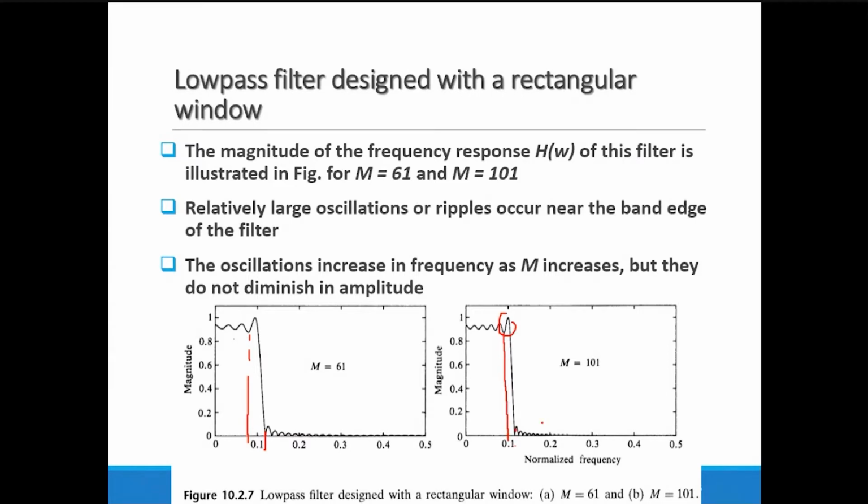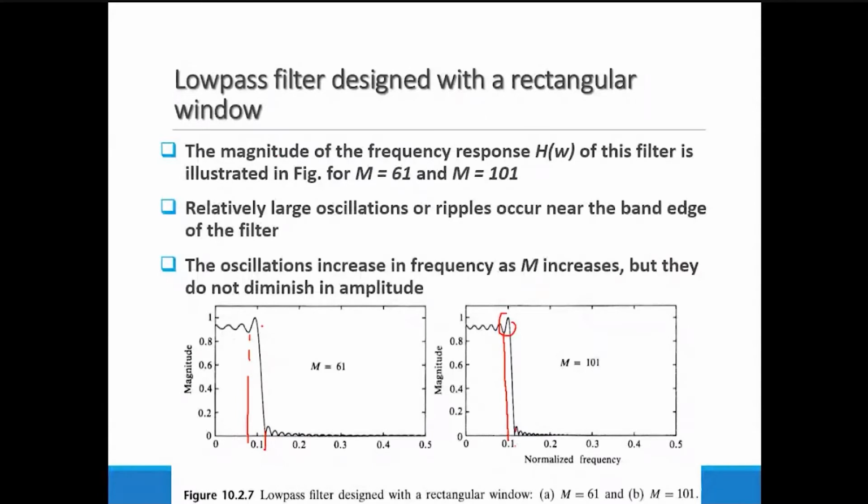So when that kind of abrupt transition is there, what happens? The chances of creation of ripples will be more. So you are getting more ripples as you increase M, because as you increase M, the transition band between the pass band and stop band will decrease. Here you require more time to settle from pass band to stop band.